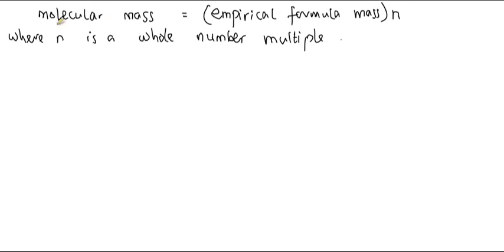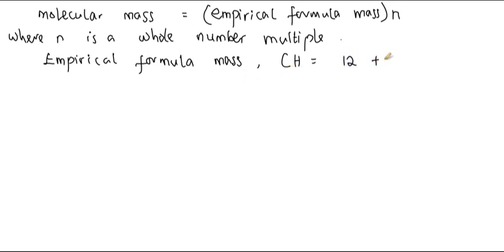So for the empirical formula mass, we write the formula CH. This means we are summing the atomic mass of each of the elements present. The atomic mass of carbon is 12 plus hydrogen, which is 1, and this gives 13 grams per mole.